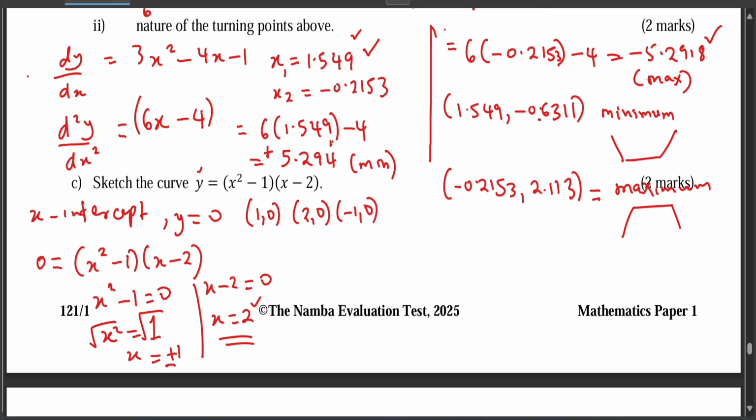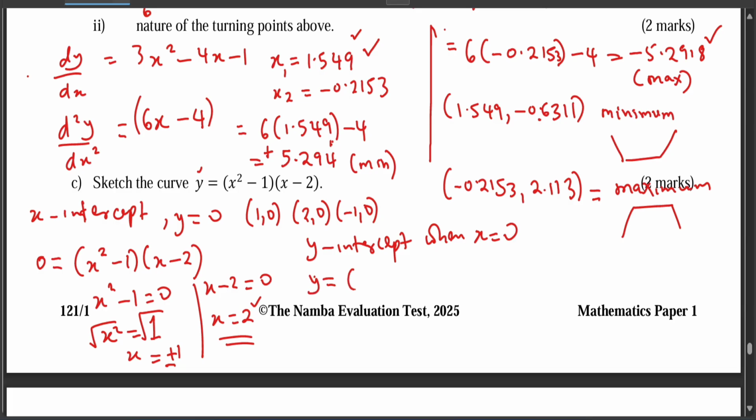Now what is our y-intercept? Our y-intercept is basically your coordinate when x is equal to 0. So where there's x, you replace it with 0. At the end of the day, I think it won't make sense, but let's just try it out.